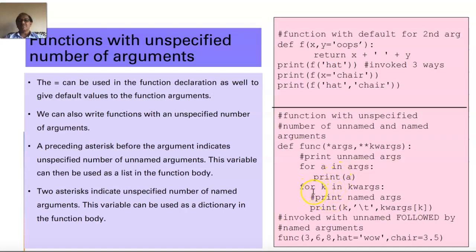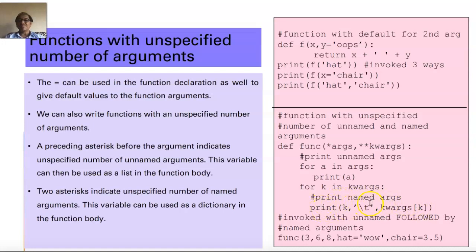Look at the second for loop. For k in kwargs, print k. k is a name now, right? Print k, tab, kwargs[k].